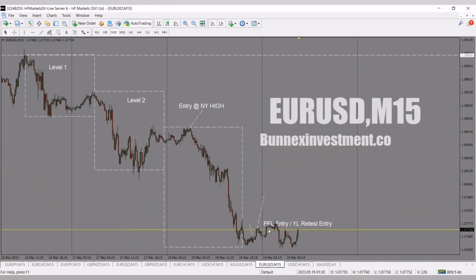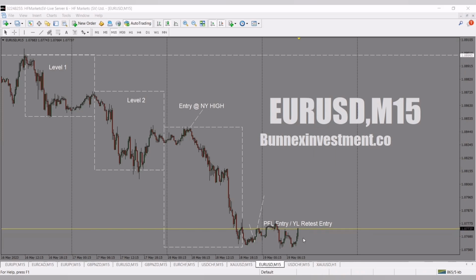But for our trade, we were anticipating peak formation entry, either peak formation entry or yesterday's low retest, like what is indicated here, and the market has respected that clearly. So we can take this trade right away because it's already moving away from our anticipated point.